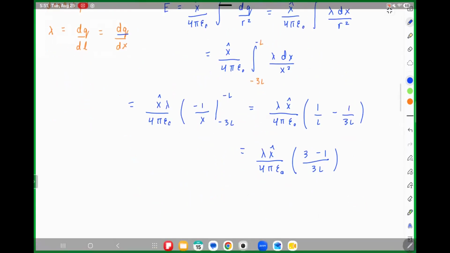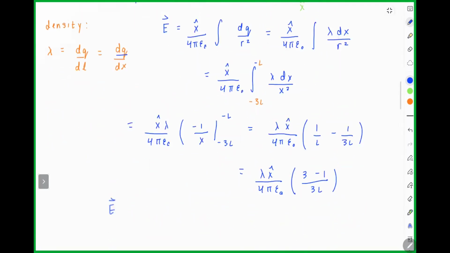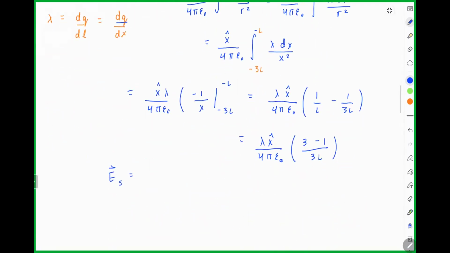And so what we now have is the electric field due to rod S. So the electric field of rod S is equal to lambda over 2 pi epsilon naught L in the direction x hat.